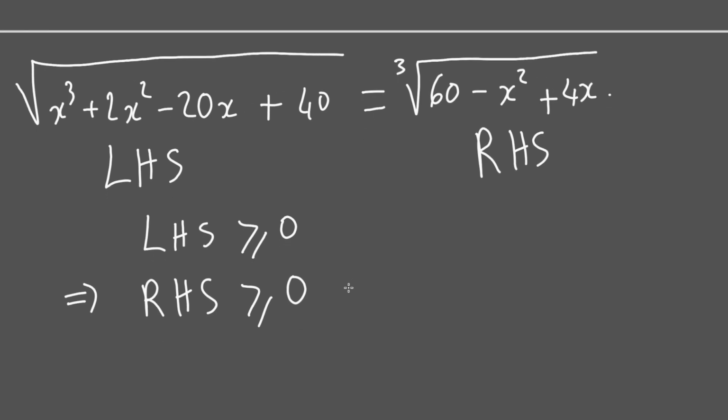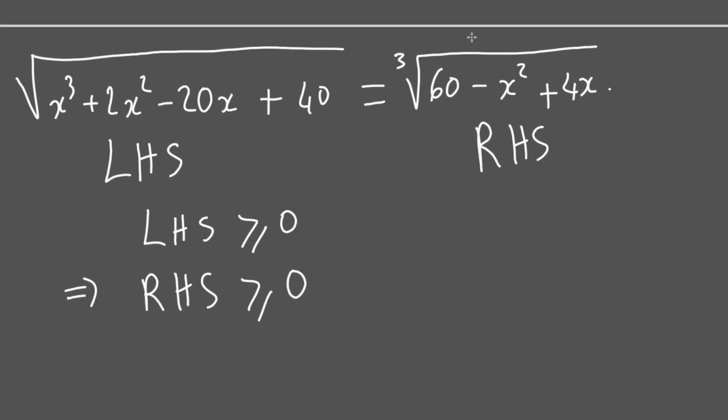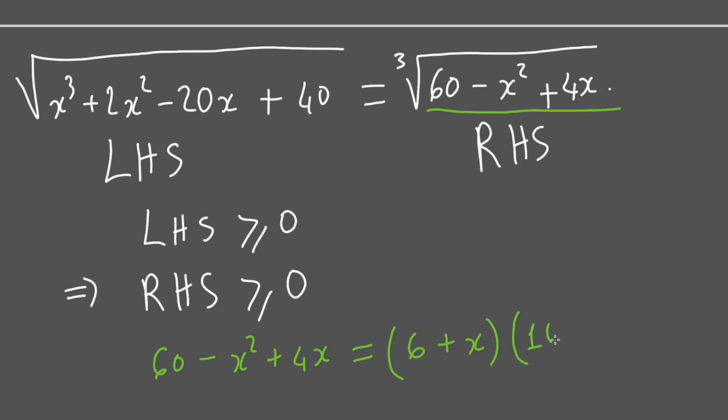For the right hand side, the expression under the radical, 60 minus x squared plus 4x, will be equal to 6 plus x multiplied by 10 minus x.